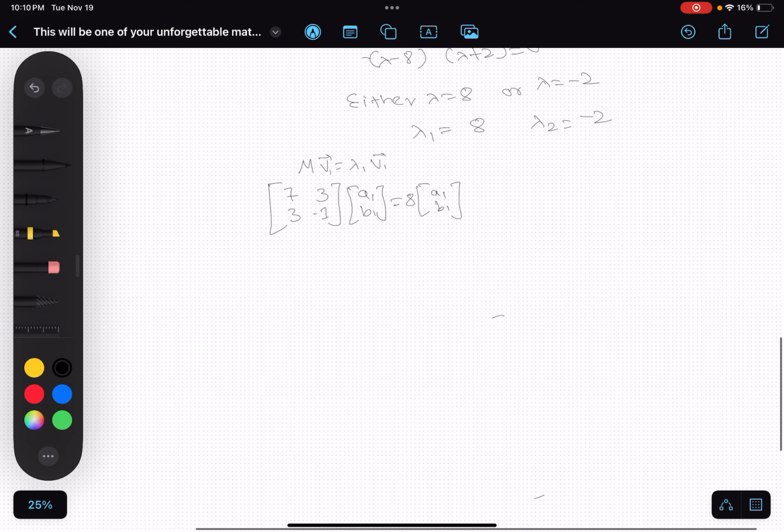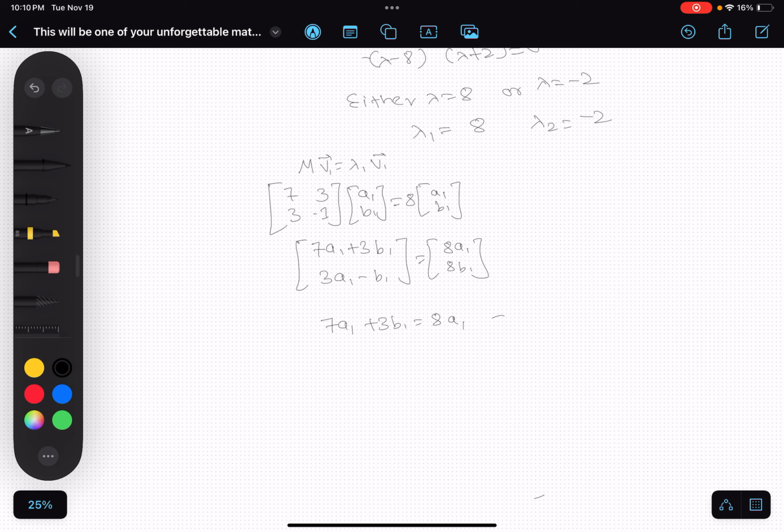Now if you multiply and equate both sides, this is going to be 7a1 plus 3b1, and 3a1 minus b1 should be equal to 8a1 and 8b1. So this will be 7a1 plus 3b1 is equal to 8a1, which is the same as negative a1 plus 3b1 is equal to 0.